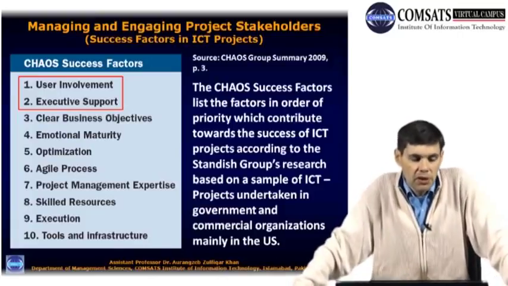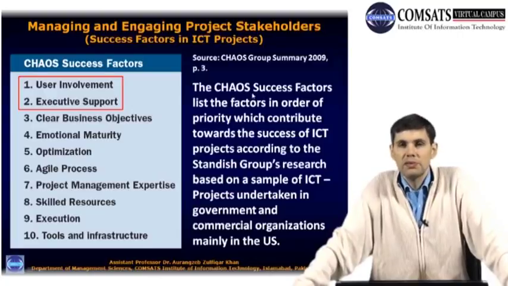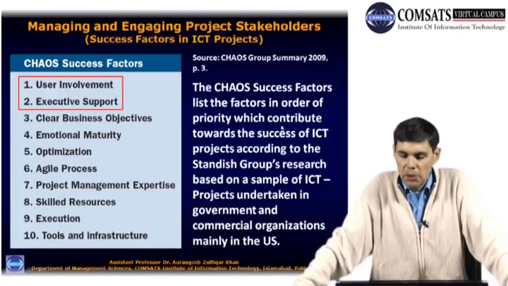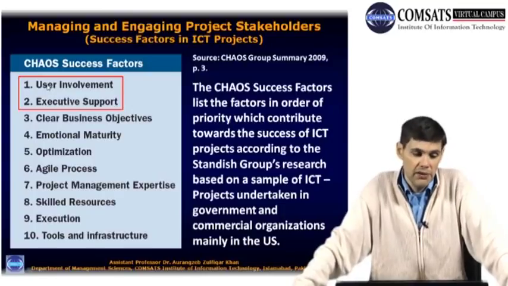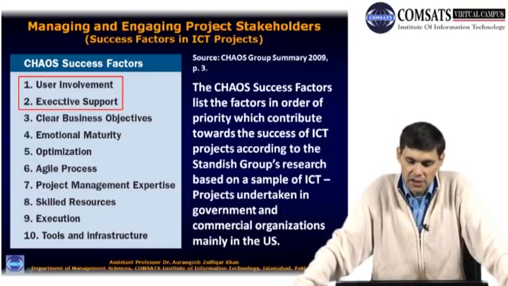People are demotivated because if the top people are not supportive, then why should people working on a project be supportive of it? So you can see over here that these two top-rated factors for the success of a project are clearly stakeholder-related factors, users and executives.